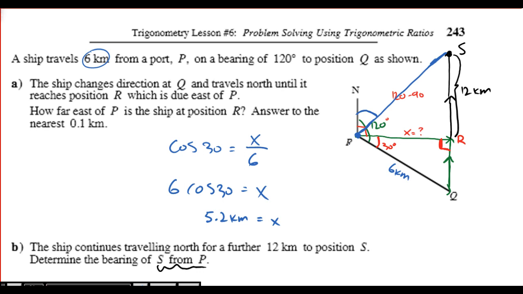In order to get that, I will need to get this angle over here first, and let's call that theta. Once I get theta, I will just subtract that theta from 90 in order to get this piece over here. Well, I have the 12 and I have x, which are the opposite and the adjacent with respect to theta.